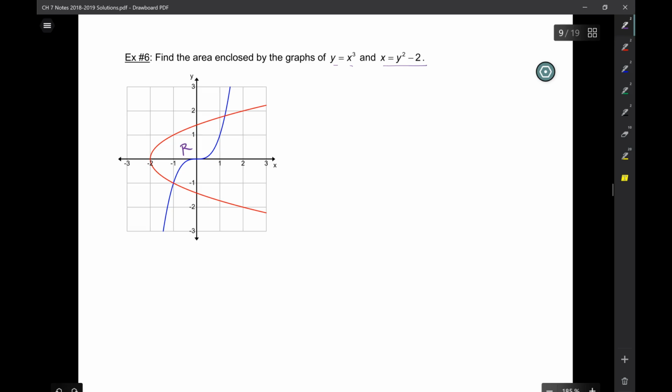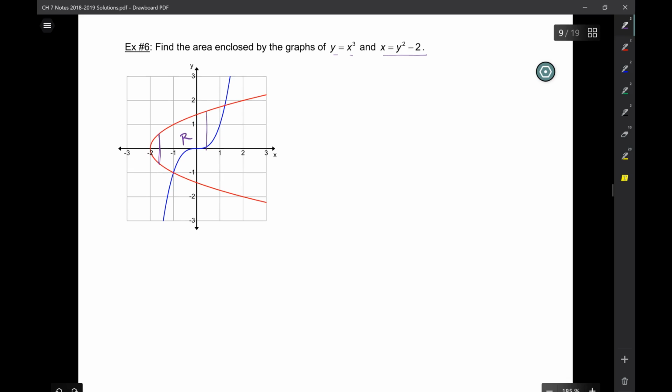So now look, if I'm integrating with respect to x, then it goes this way. And now look, over here, red is on top, red is on the bottom. But if I go here, red is on top, blue is on the bottom. This means two integrals. Not cool. What if I go horizontally?